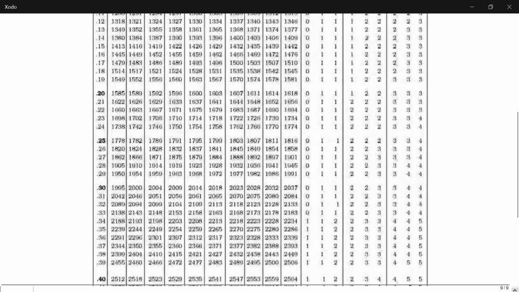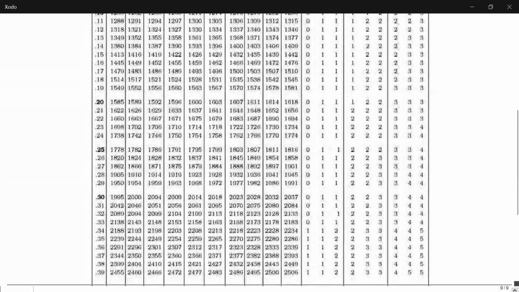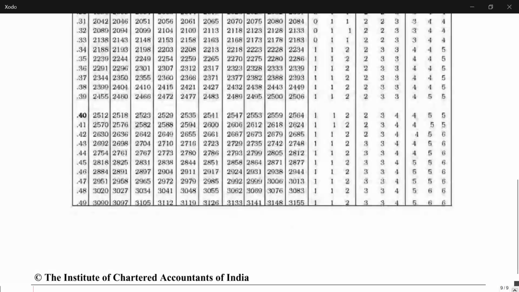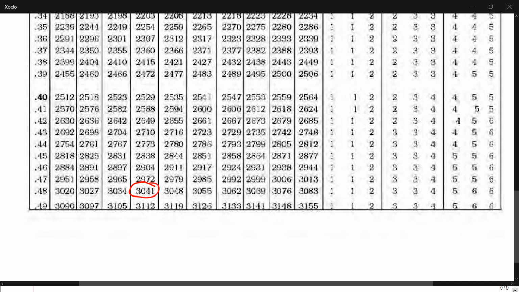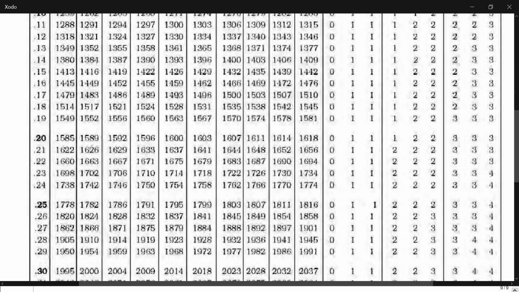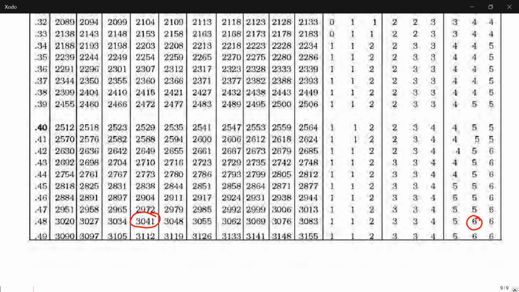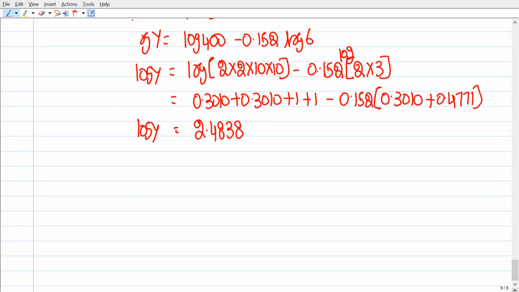When you look at the anti-log values, you will not look at the number before the decimal. 4.838 is 3041 plus 6, it's 3047.